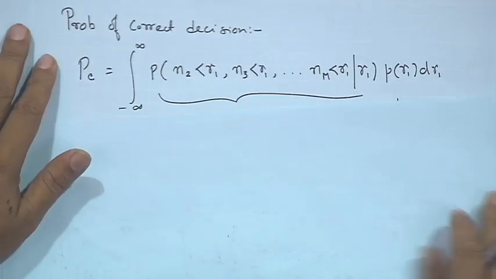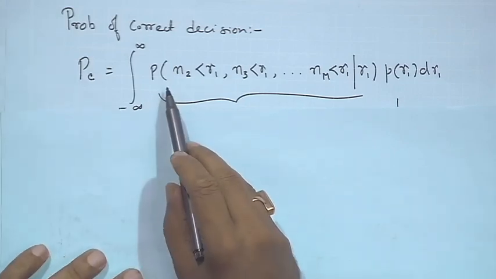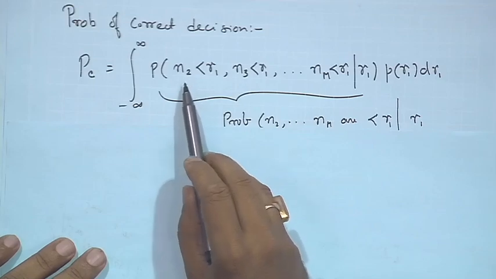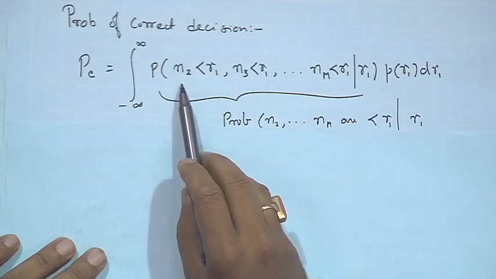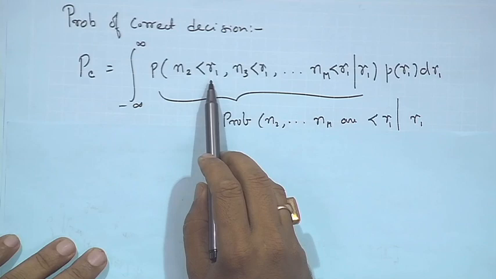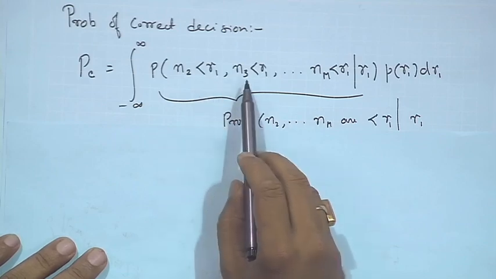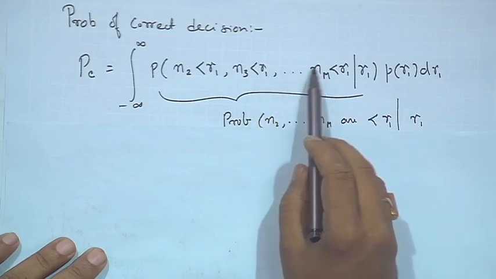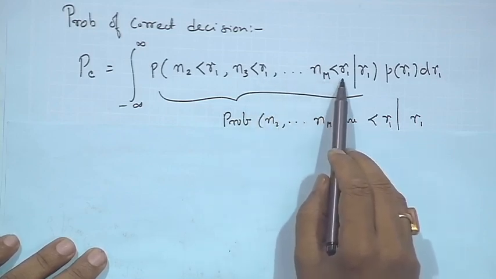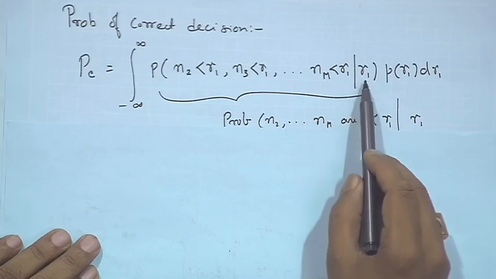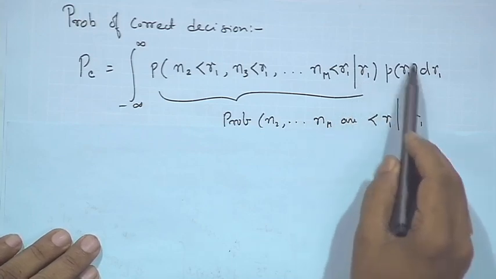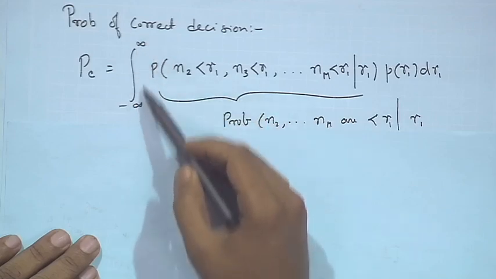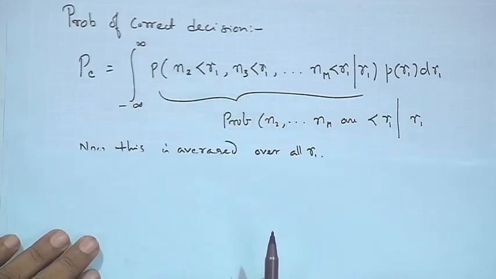So, the probability of correct decision is the joint probability that N2, that is the second component, is less than the first component of the received signal, the third is less than the first component, and simultaneously up to all components are less than the first component, given R1. And this has to be averaged over all possible realizations of R1. So, accordingly the integration range of R1 is minus infinity to plus infinity, right.